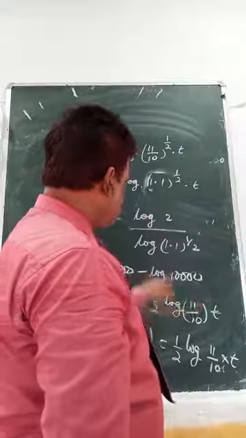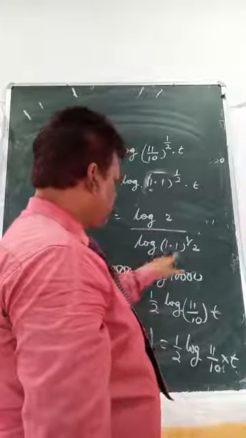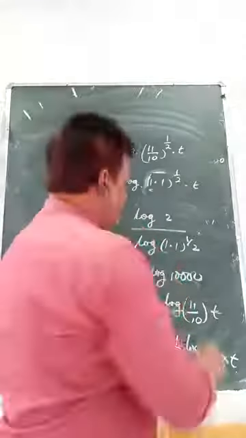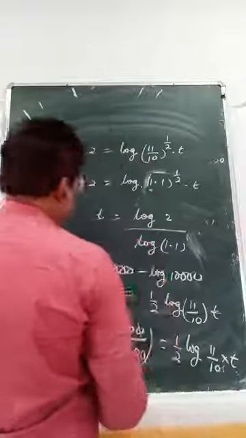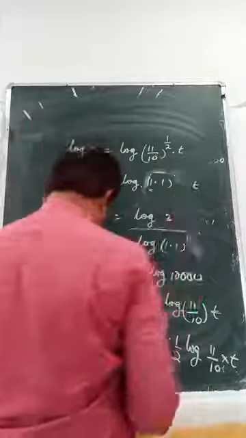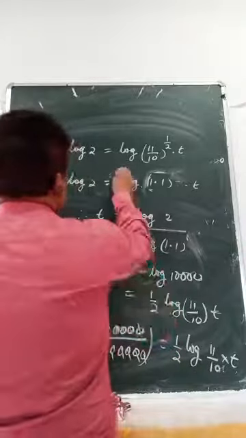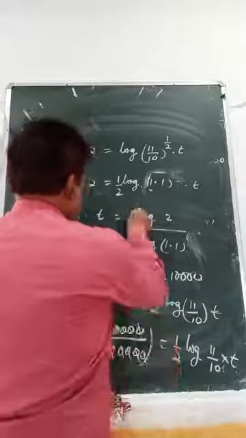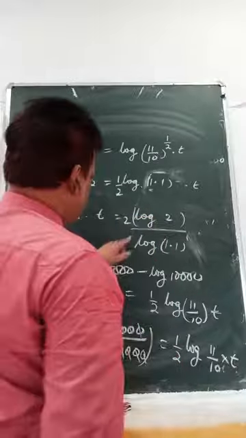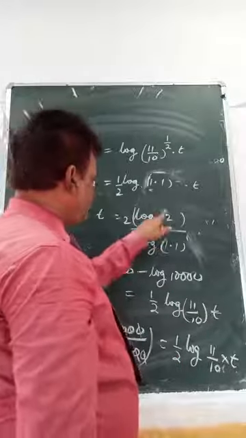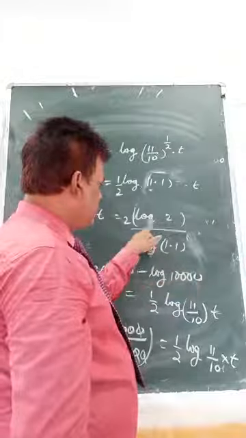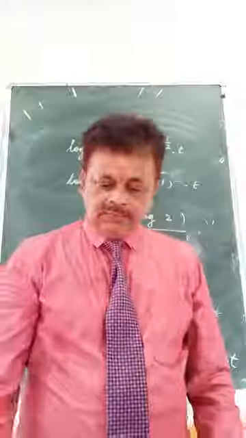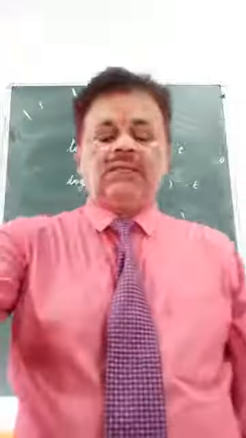Put log 1.1, take the root, or write half here, then you can find the value. It's better to write half here. So this will go here 2 times: log 2 value input multiplied by 2, log 1.1 input, and that will be the time factor. So tomorrow we will start homogeneous differential equations.